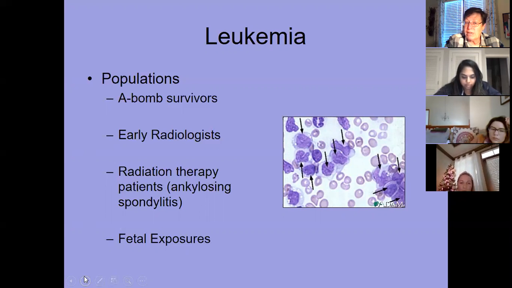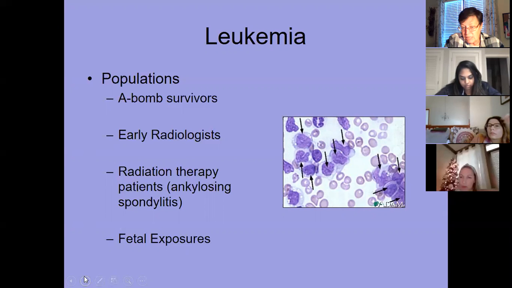So at one point in time, radiation therapy was used as a palliative treatment, simply to relieve pain. It's not going to cure their condition. And those doses were anywhere between 1 gray and 40 gray. So high doses. And then of course, fetal exposures.